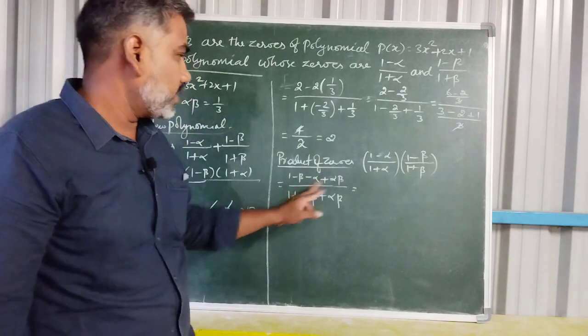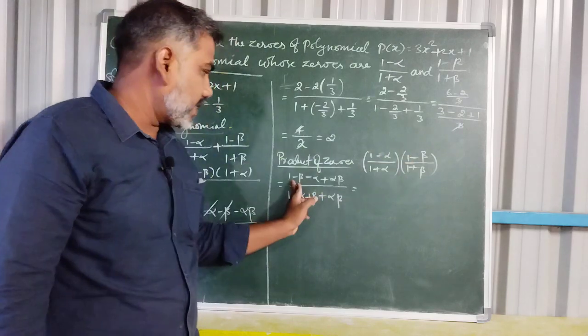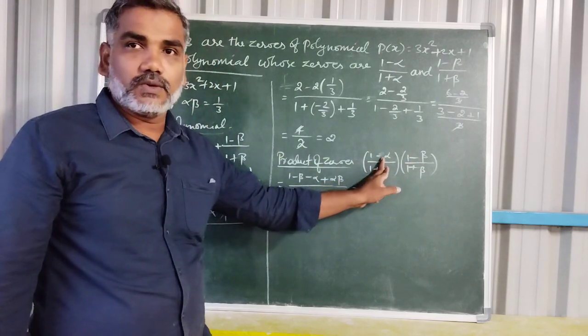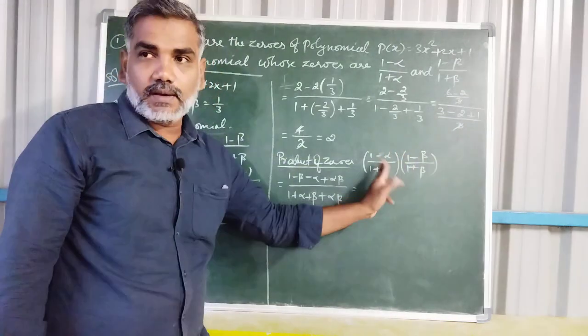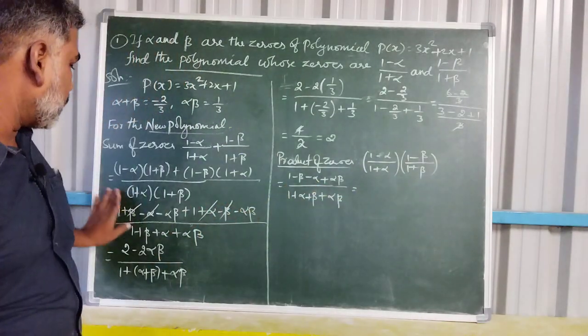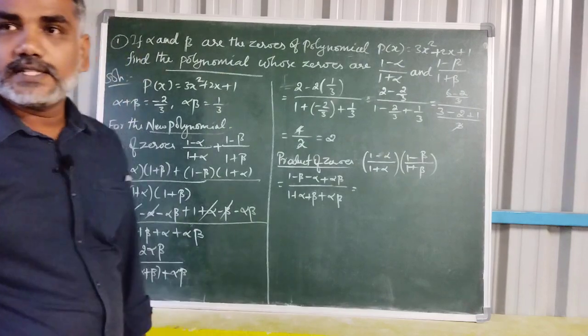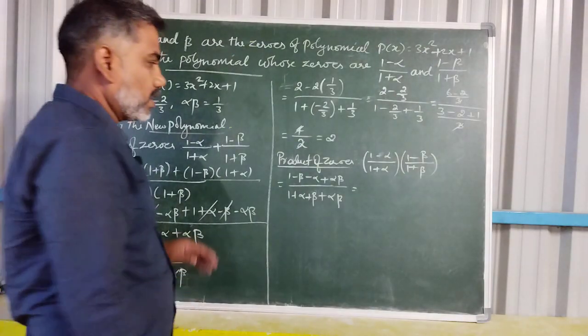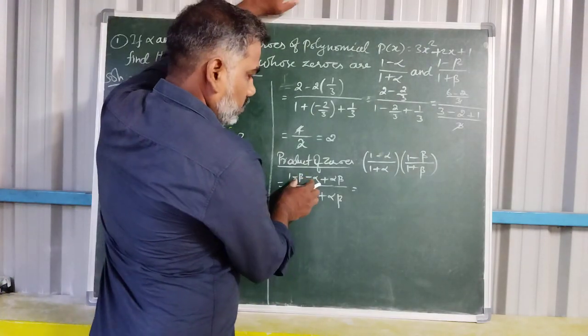1 into 1 is 1, 1 into minus beta, next minus alpha, and multiplying these two we get minus alpha plus alpha beta. The denominator we already multiplied here, same thing, so I just wrote it as it is. Clear? Good. Now here you just do a small change.